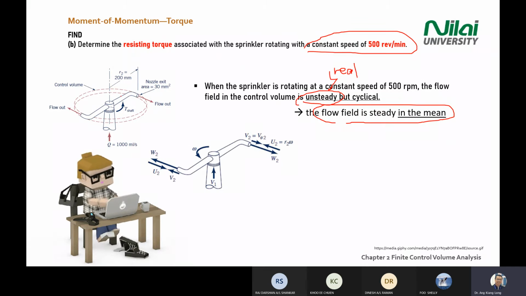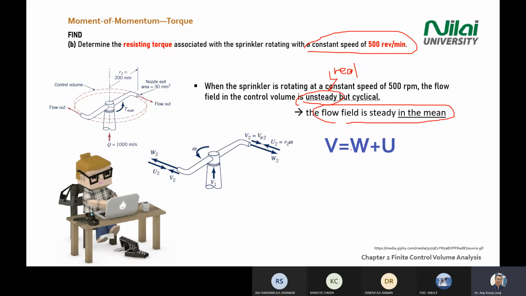So if you put in all the W, U, V that we mentioned just now, the definitions of U, V, and W, you'll get this diagram. As you can see here, your V and U are in opposite directions, so you get a negative sign in your calculation.